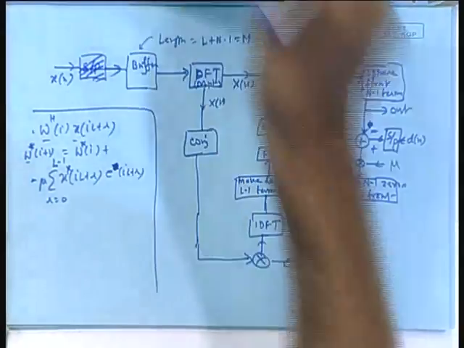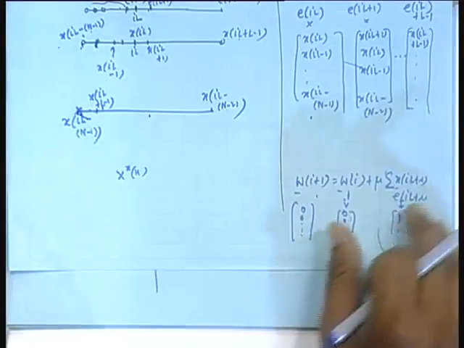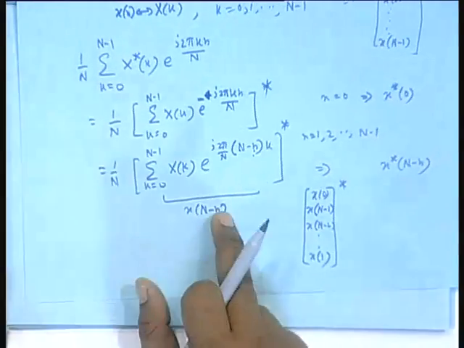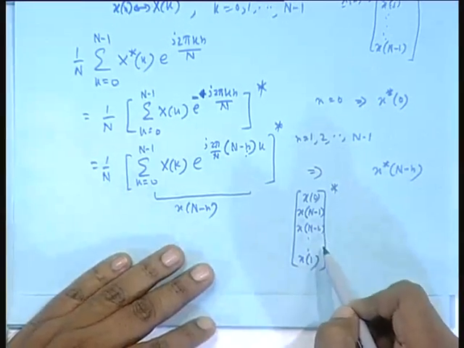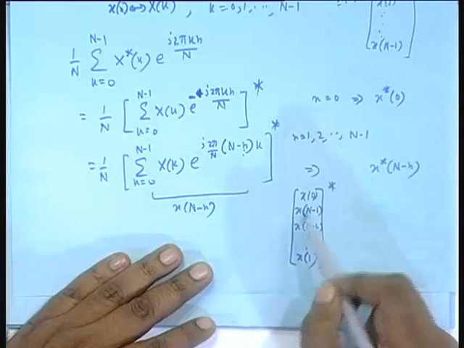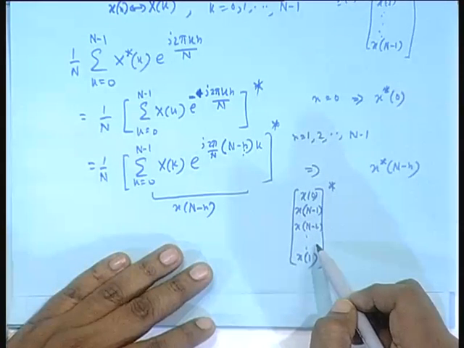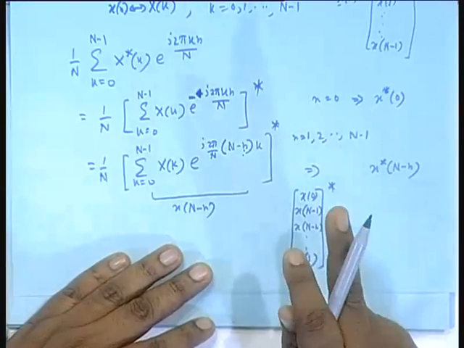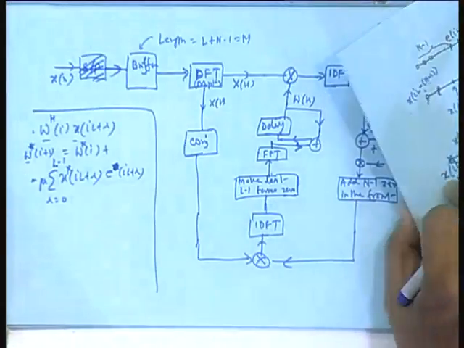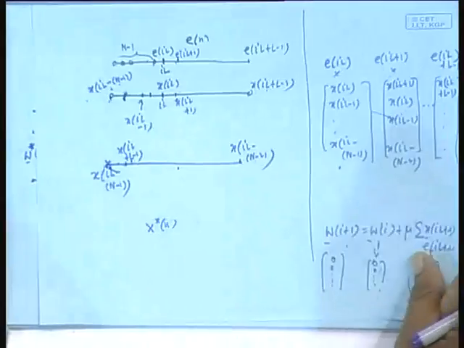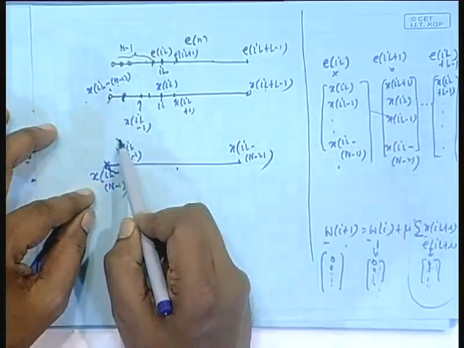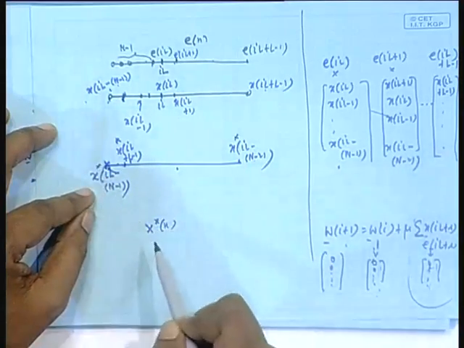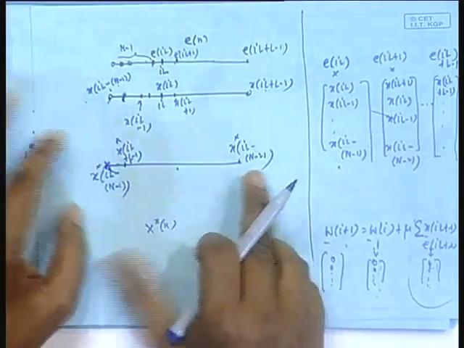Now, you remember one thing I told you: there will be a star here, and then I said it is a real value, so star has no meaning. But when this is complex, then the star comes in. The data vector has the star. So in all these convolutions, there will be a star everywhere on the data: the data conjugate and then this flipped version.